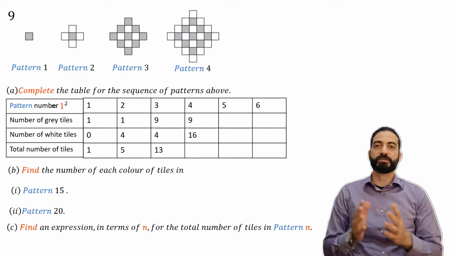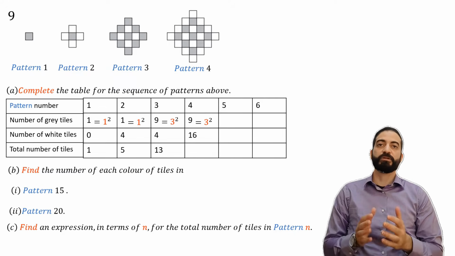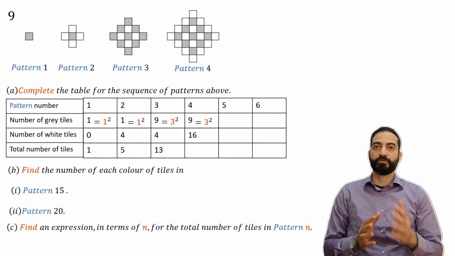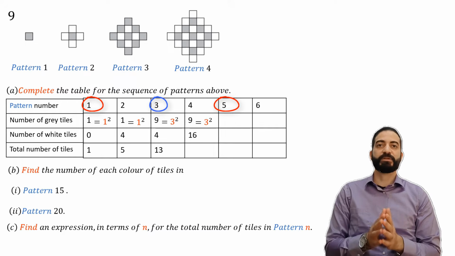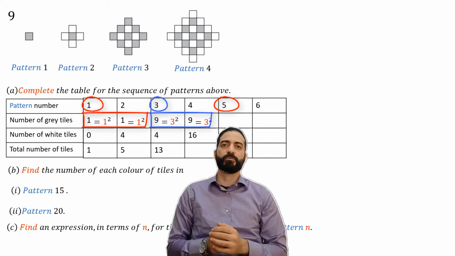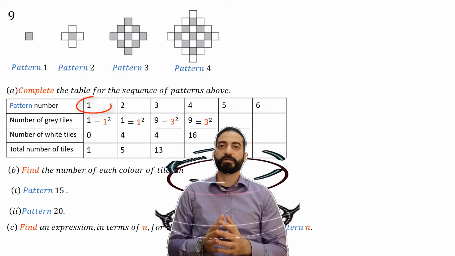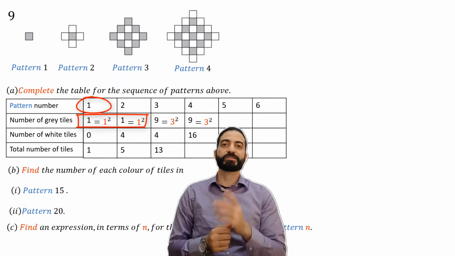And as we know that 1 equals 1 squared and 9 equals 3 squared, we notice that for an odd pattern number and the number after it, the number of gray tiles is that same odd number squared. For example, here we have the odd number 1, which we write in the number of gray tiles, but squared.